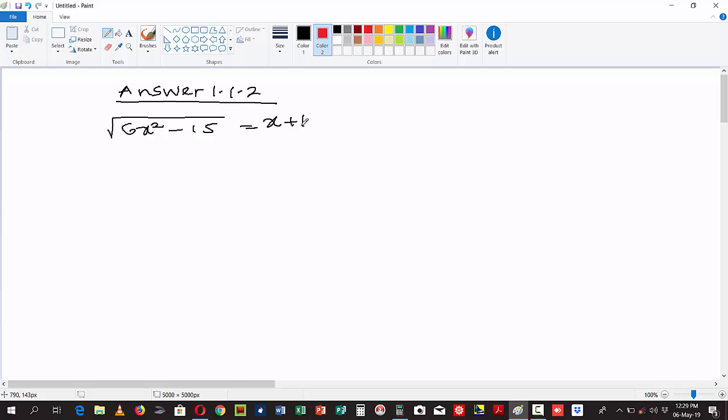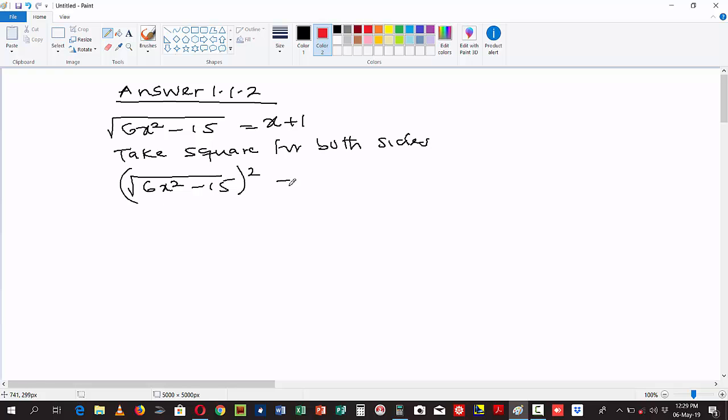The first step is to take the square for both sides. Take square for both sides. We have 6x squared minus 15 all square equal to x plus 1 all square.